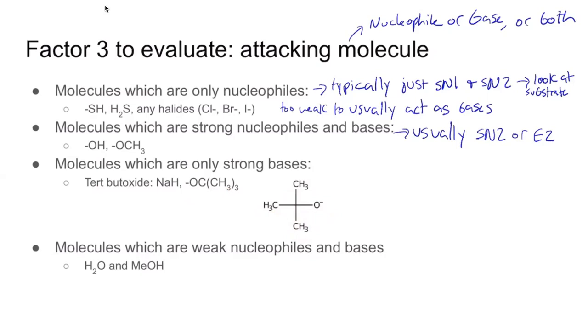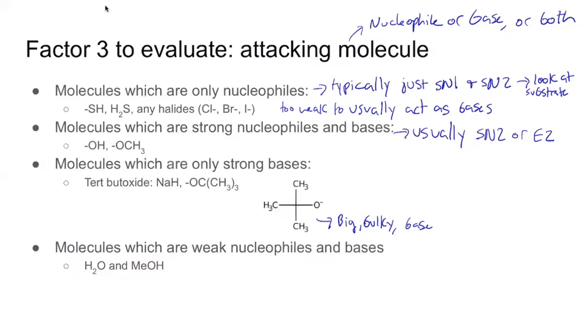And it's what you might hear referred to as a big, bulky base. That just means it has a lot of steric hindrance, which is why this molecule does not usually act as a nucleophile, because it can't move fast. However, it's still wonderful at grabbing that anti-periplanar hydrogen for the E2 reaction.